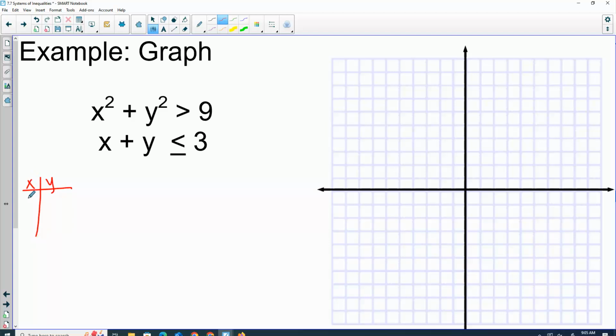So if I put in a 0 for my x, think of it as an equal to for a moment. You get y squared equals 9. If you square root, what do you have to put with that? Plus and minus. And the square root of 9 is 3. So we get two solutions: 0, 3, and 0, negative 3.